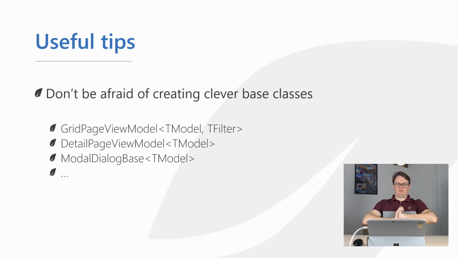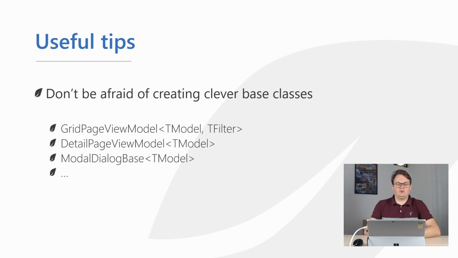So some useful tips. Because the view models are written in C#, it's also easy to use base classes and generics and things like that. So if your application should contain hundreds of these grid detail pages, you will find out that it's quite easy to create a base class, for example, grid page view model, detail page view model, with some generic parameters for the data models.